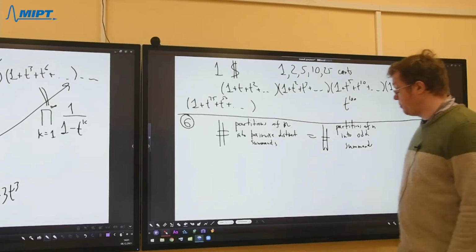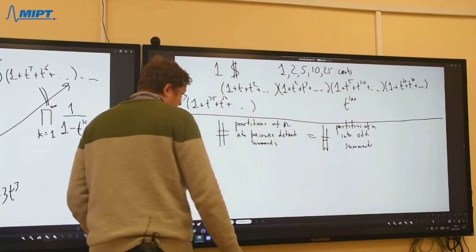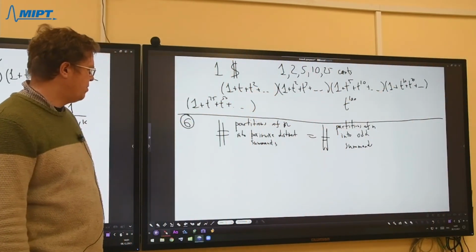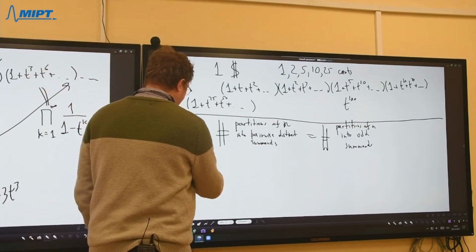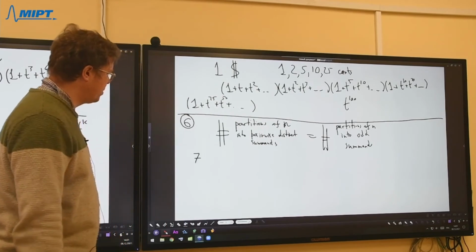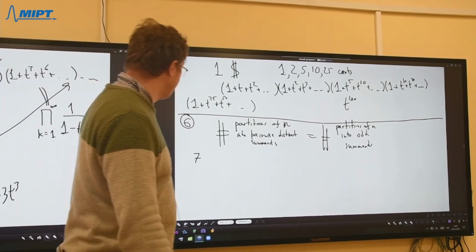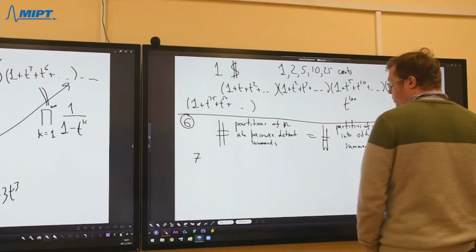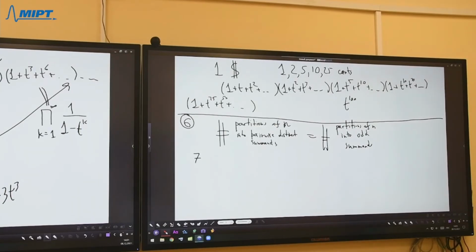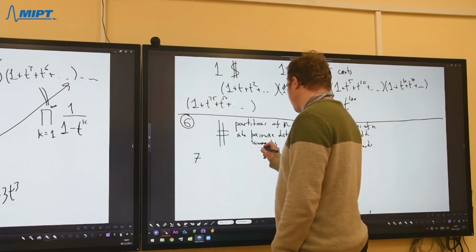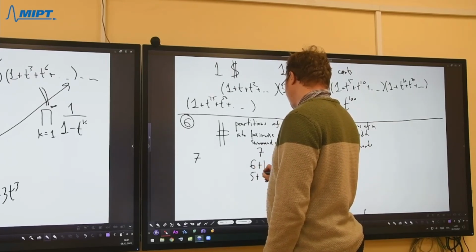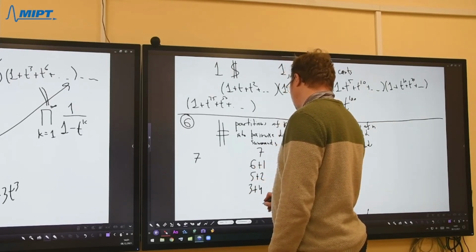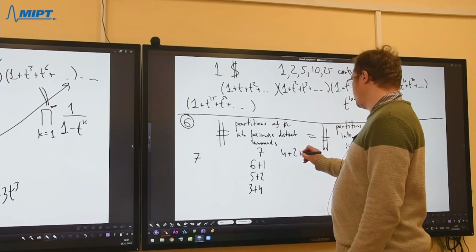So for example, is 9 big enough or maybe we'll have a problem. So we start with 7, and if 7 is rather simple, then we go to 8. So if we take pairwise distinct summands, what can we take? 7, 6 plus 1, 5 plus 2, 3 plus 4, 4 plus 2 plus 1.